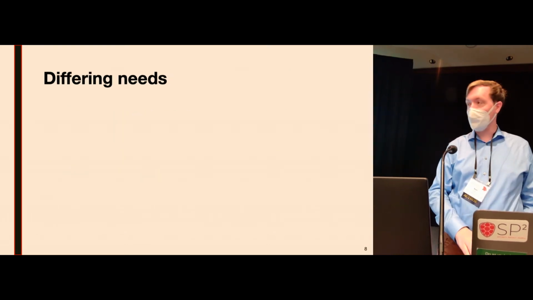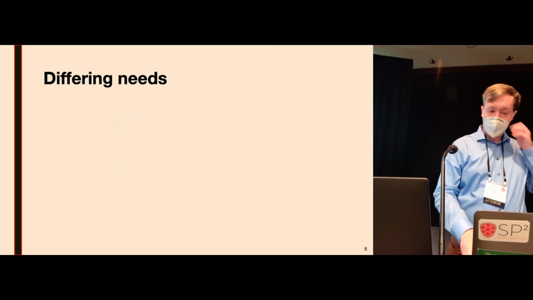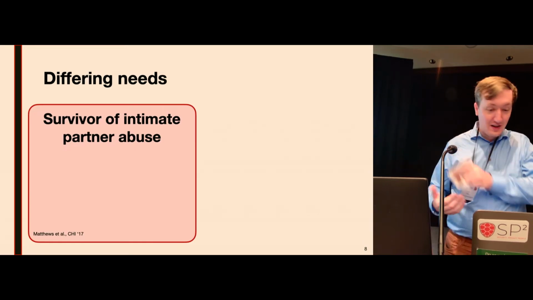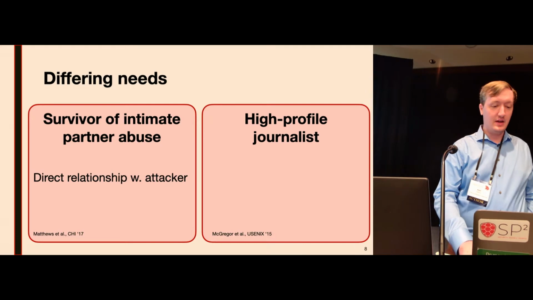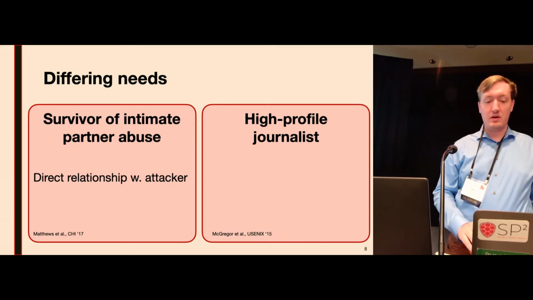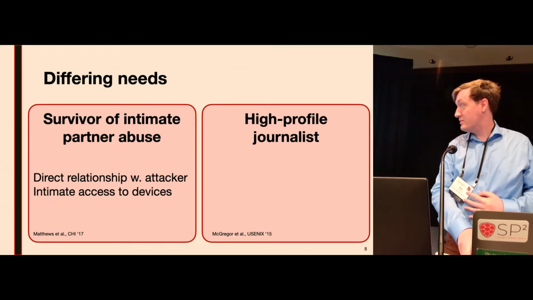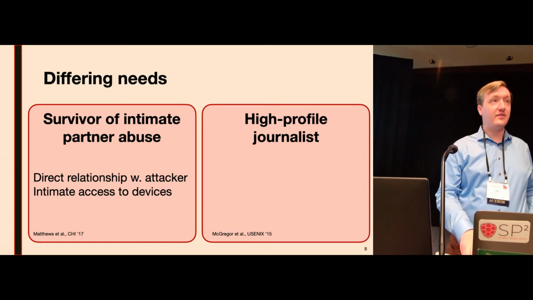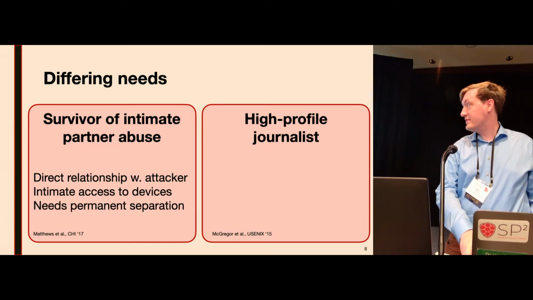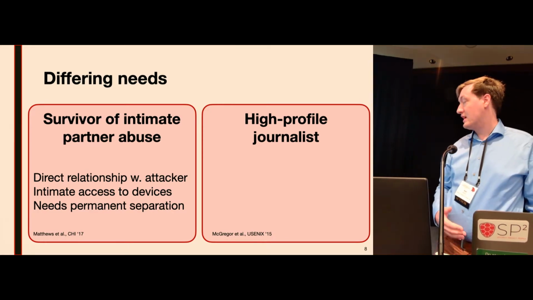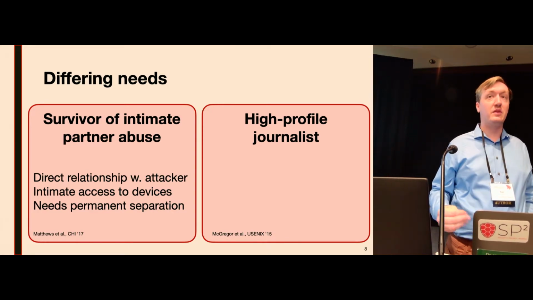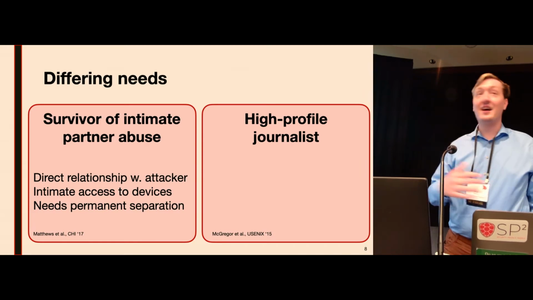As an example of differing needs, compare the circumstances of a survivor of intimate partner abuse and a high-profile journalist. So a survivor of intimate partner abuse has a direct relationship with their attacker, who therefore has intimate physical access to their devices, and the goal of the survivor is to achieve, most of the time, some kind of permanent separation from this person, both physically and digitally.